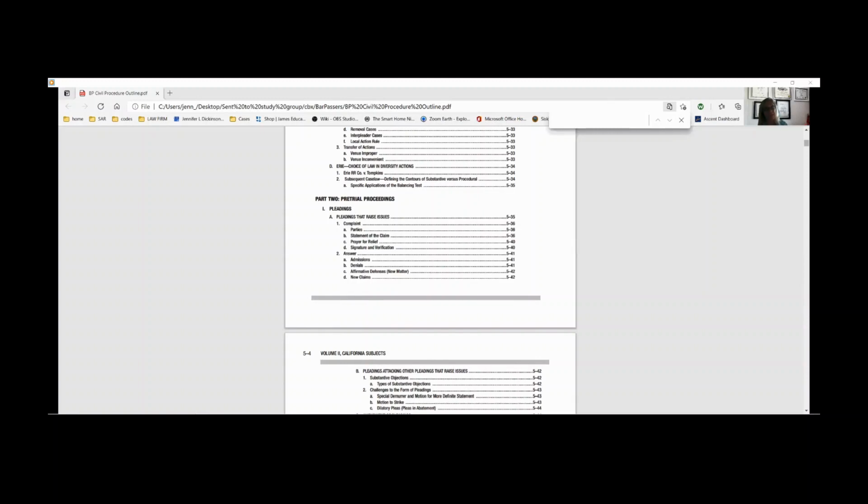You have to have a general statement of claim, whether it be negligence or whatever against the defendant. You have to have a prayer for relief, and you have to sign it. So that's your complaint.